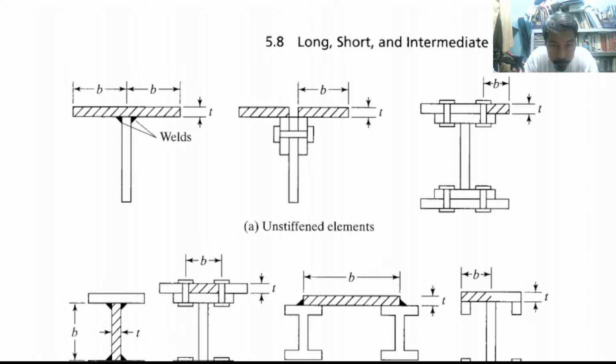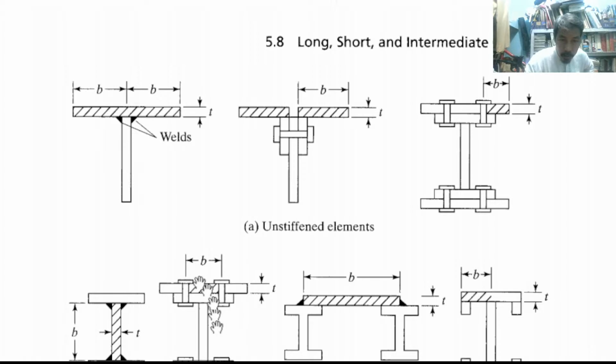So we have this one. You are looking at the web here, stiffened with welding and plate. So we have these welds and plate. Compare that to this one.